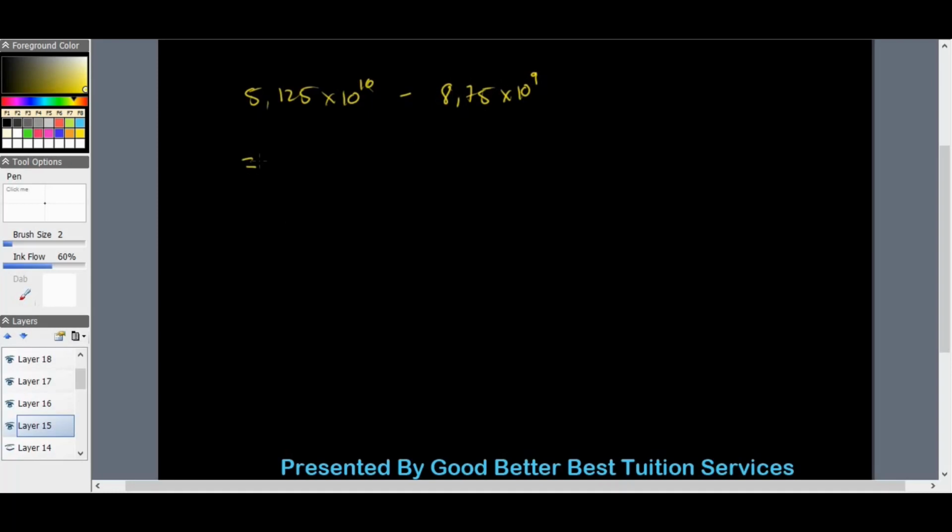So 5,125 times 10 to the 10, minus 8,75 times 10 to the 9, and we get an answer of 4,25 times 10 to the 10. That is the number of electrons remaining when ball B touched ball A.